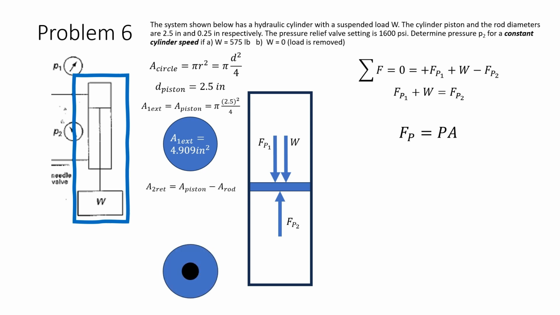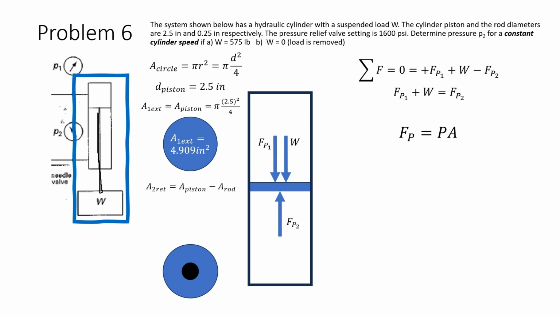Now the retraction side, we'll call it the effective area. Effective area is what the air is working on. The effective area for retraction is going to be the piston area minus the rod area. This is the rod going down. That rod has a circular cross section, so if you slice it, you see a circle with a diameter of 0.25.